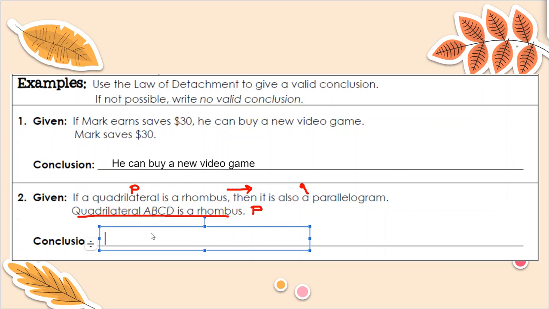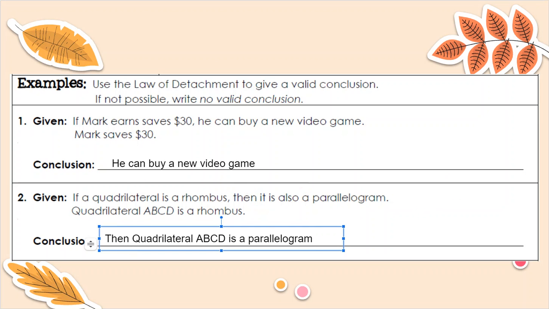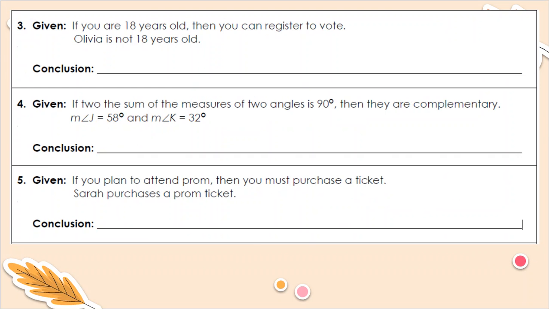It is then quadrilateral ABCD is a parallelogram. Okay, so if P then Q, we've been given P, therefore Q. Let's check out one more, and then I'll have you try a couple on your own.